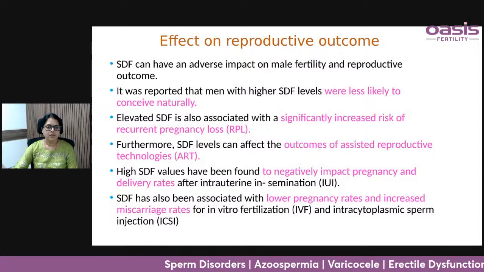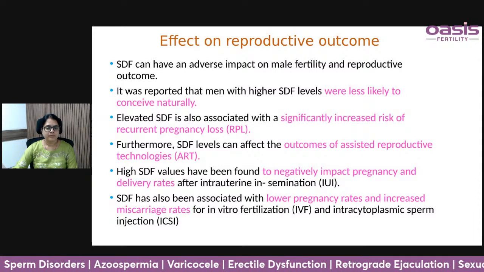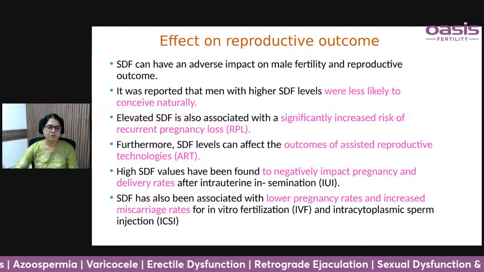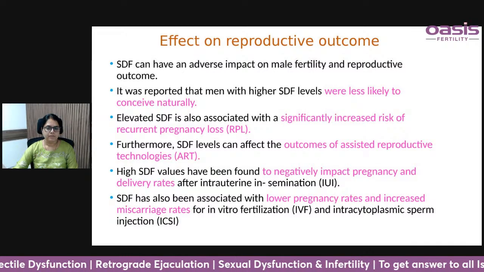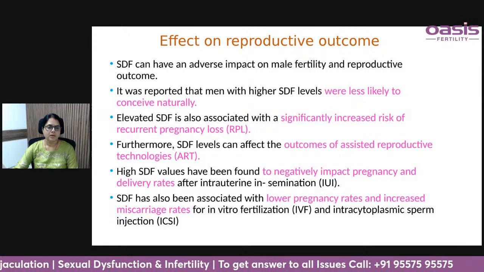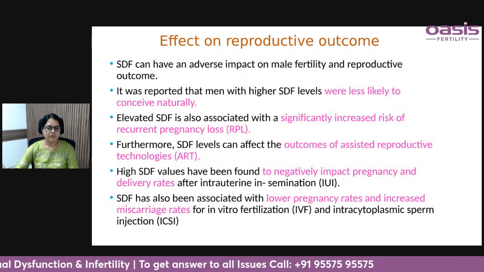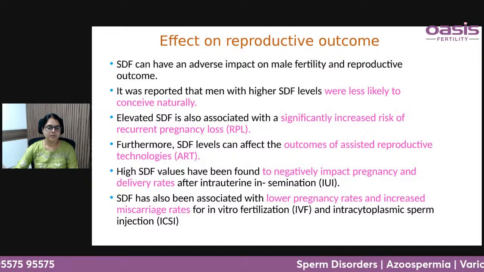So, increased DNA fragmentation has an adverse impact on male infertility and reproductive outcome. It was reported that men with higher SDF levels were less likely to conceive naturally and have a significantly increased risk of recurrent pregnancy loss.